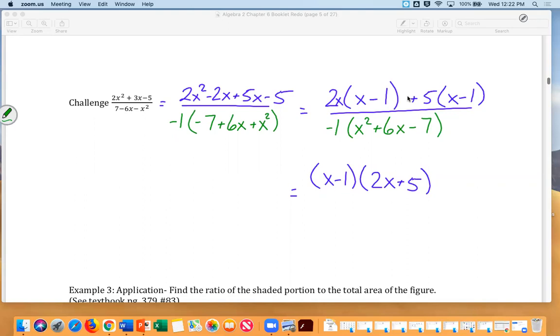It's pretty simple, right? What are the factors of -7 that add up to +6? x minus 1, x plus 7. And we can see those cancel.